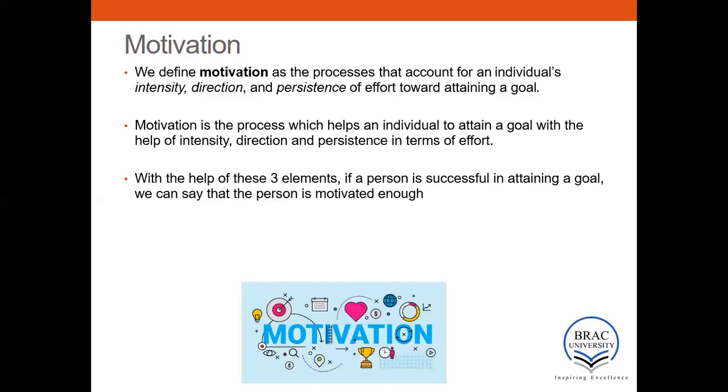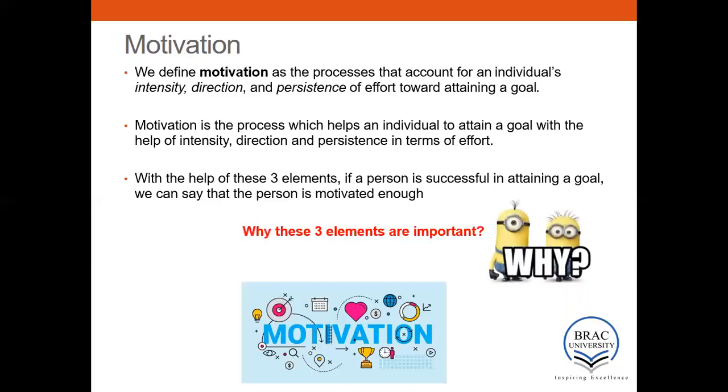Persistence means consistency. What type of consistency am I talking about? I'm talking about consistency in terms of effort. So these are the three elements you need to have in order to prove that you are motivated enough regarding something.